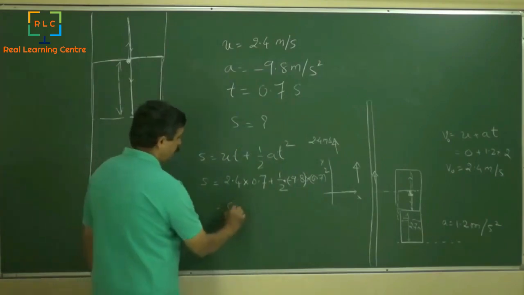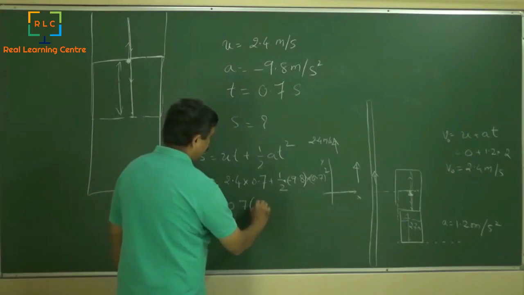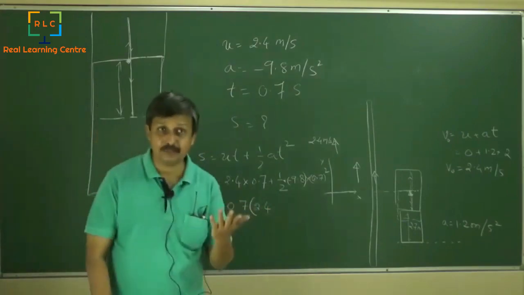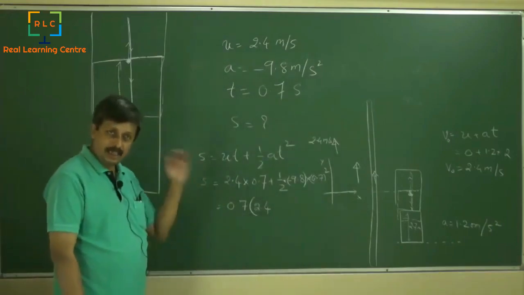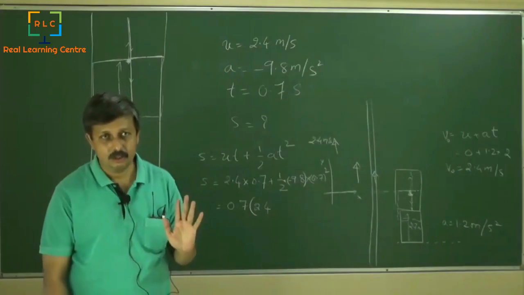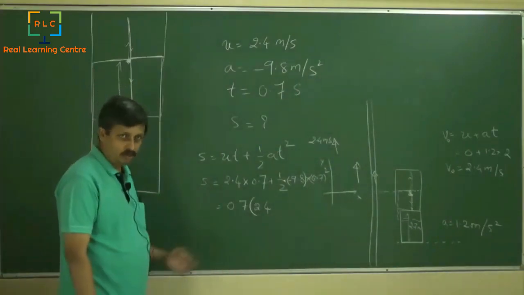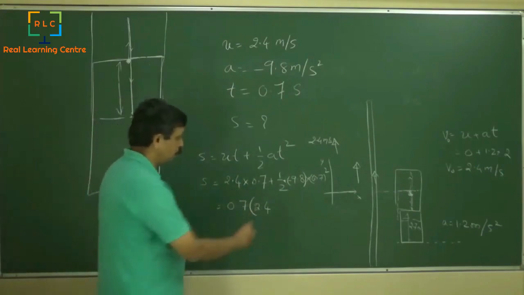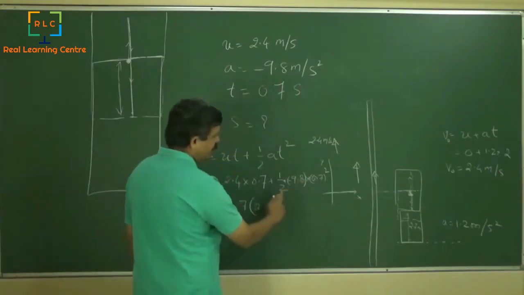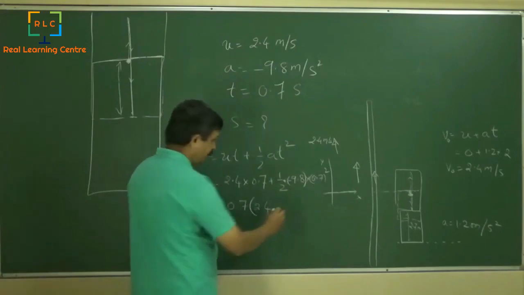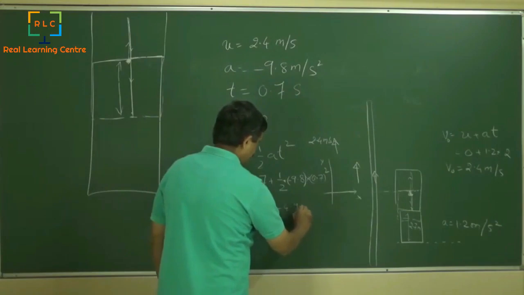I'm going to take 0.7 common here and just write here 2.4. Please watch how I'm doing arithmetic, because it is important to be able to do arithmetic very fast in your competitive examinations. Just watch how to do simple arithmetic. 0.7 you take it out, put 2.4 plus 9.8 divided by 2. Divided by 2 is 4.9. Okay, 4.9 into 0.7.